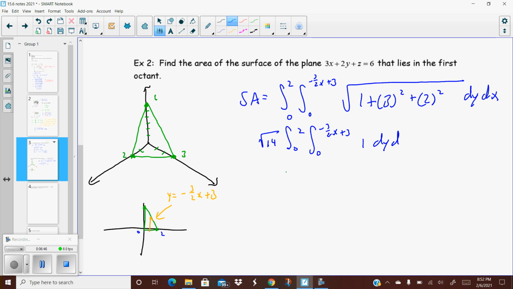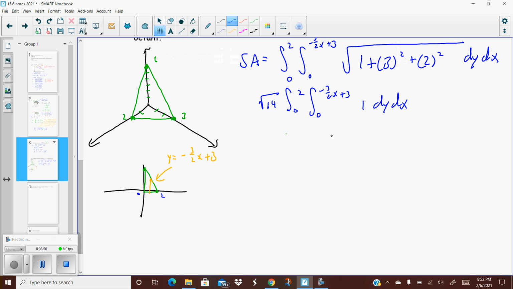1 dy dx. So the antiderivative first with respect to y is just going to be y from 0 to negative 3/2 x plus 3 dx, 0 to 2, square root of 14, don't forget all that stuff. So plugging in the upper bound is going to give us negative 3/2 x plus 3.